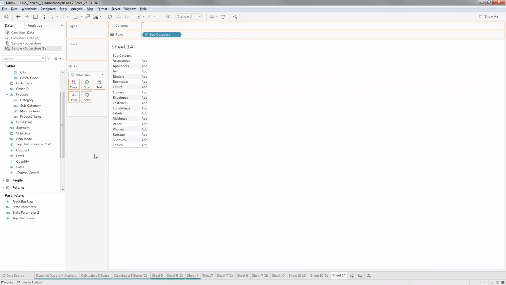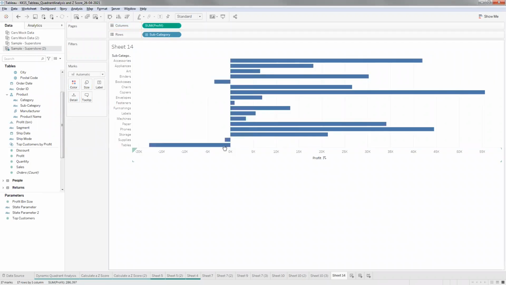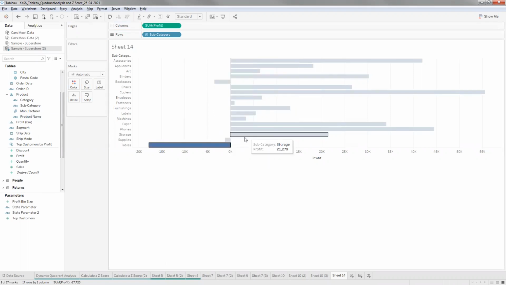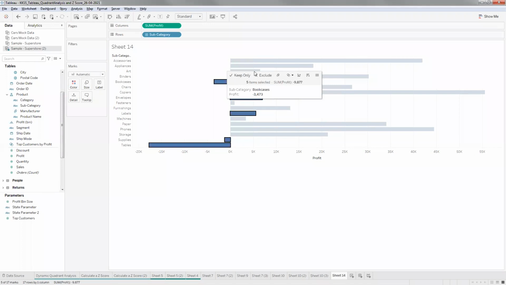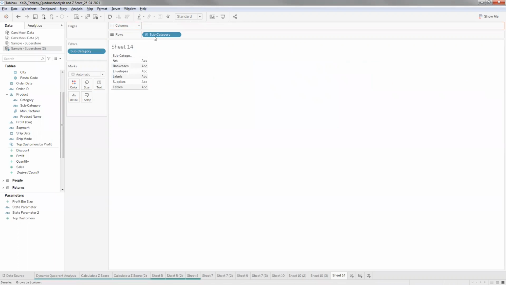I want to include a few categories where we have profit and loss, so that would be ideal for our waterfall chart. So let's take tables, let's take supplies, let's take labels, let's take this one as well, let's take cases, and we should also be fine. Just keep these alone and remove this.